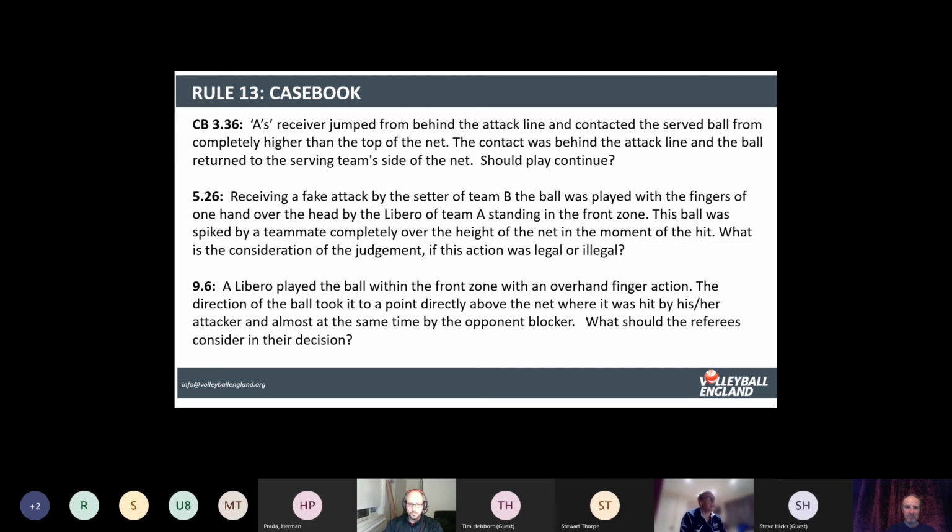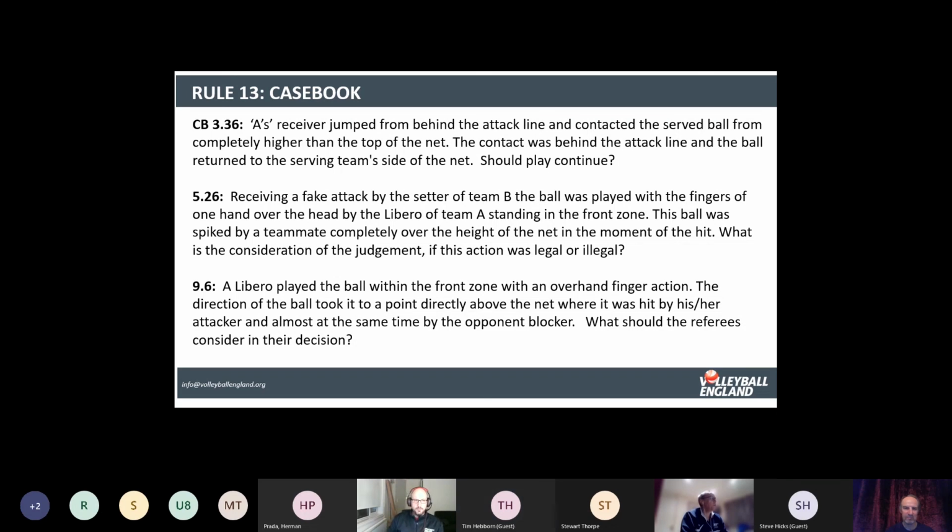Here the receiver jumped from behind the attack line in the back zone and contacted the served ball, and the ball was in the back zone as well at the time the contact was made. So therefore, play continues. So yes, correct.